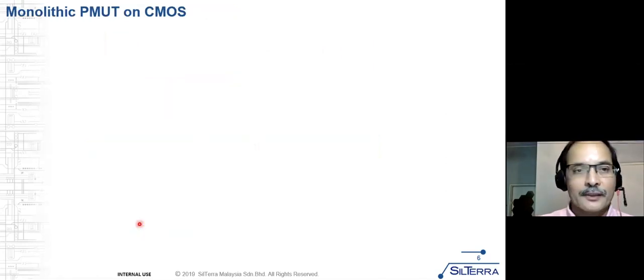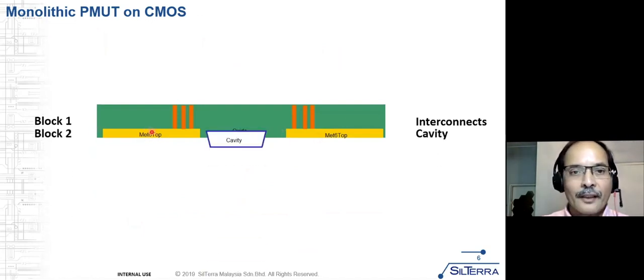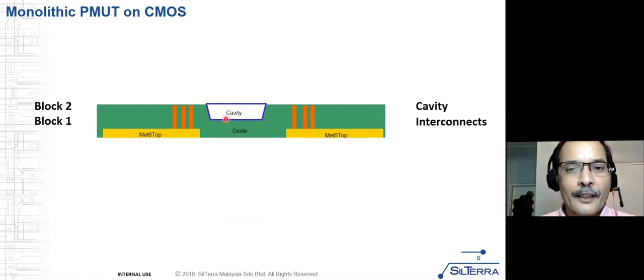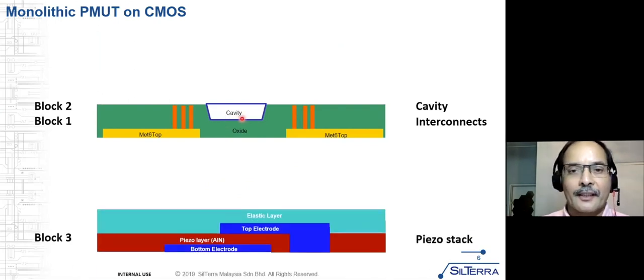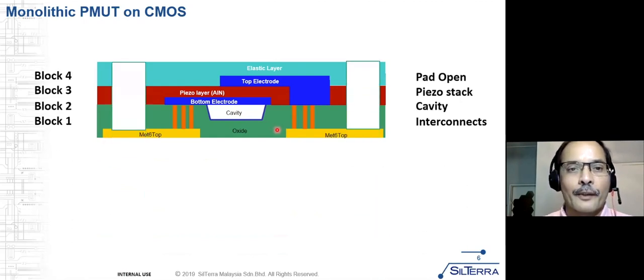This is a classic case of a monolithic PMUT on CMOS. For ease, I removed the CMOS, but the CMOS is typically here, and this is the top metal of the CMOS, and then this is block 1, and then we build block 2, which is a cavity, and then block 3 comes on, which is the piezo stack, and then you open the bond pads.